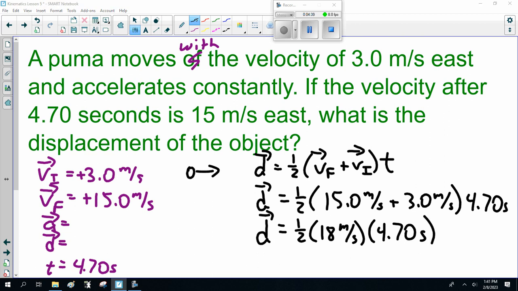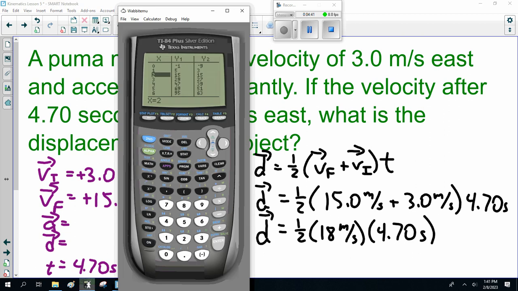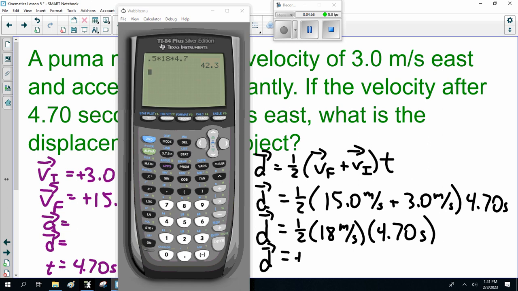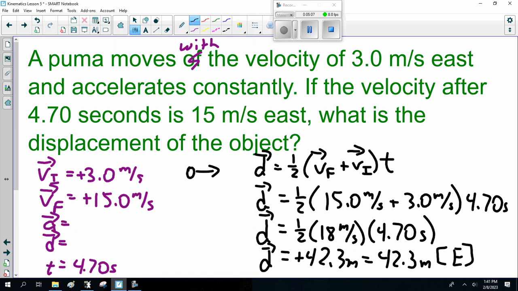I cannot do that in my head, so I'm grabbing Mr. Calculator. 0.5 times 18 times 4.7, 42.3 meters east. All right, we see how that goes. And note, we don't need acceleration.